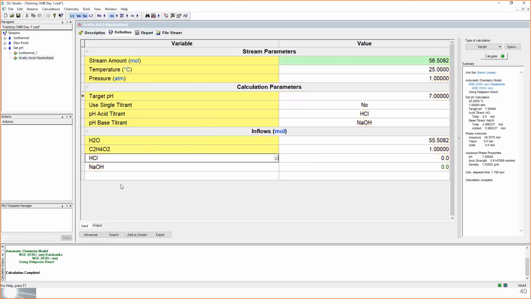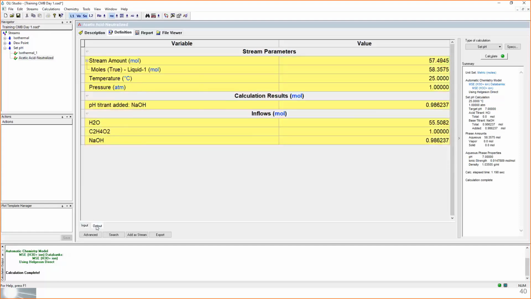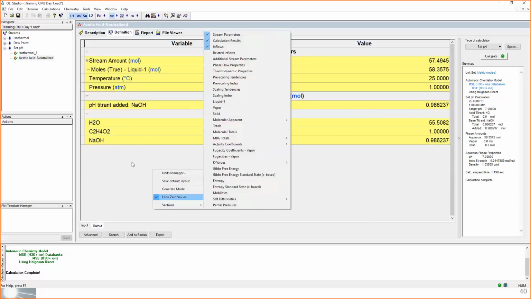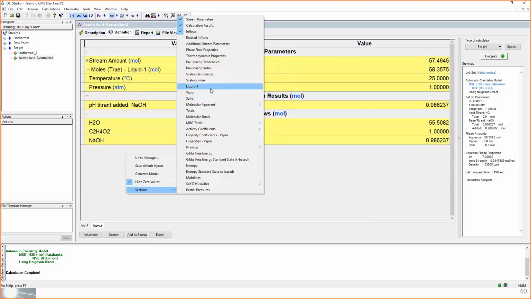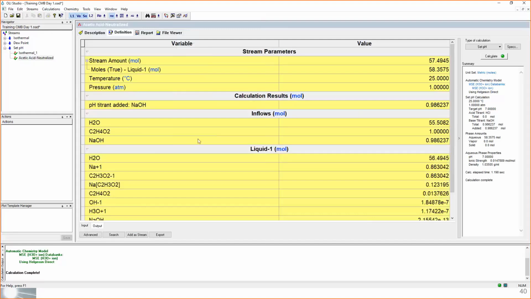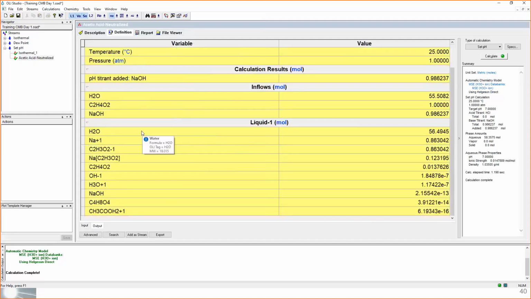Good. So again, we go to the Output tab. And we can go to Sections, right-click on the gray area, Sections, and select the liquid 1 or aqueous phase. And in here, now you see what happened, okay?